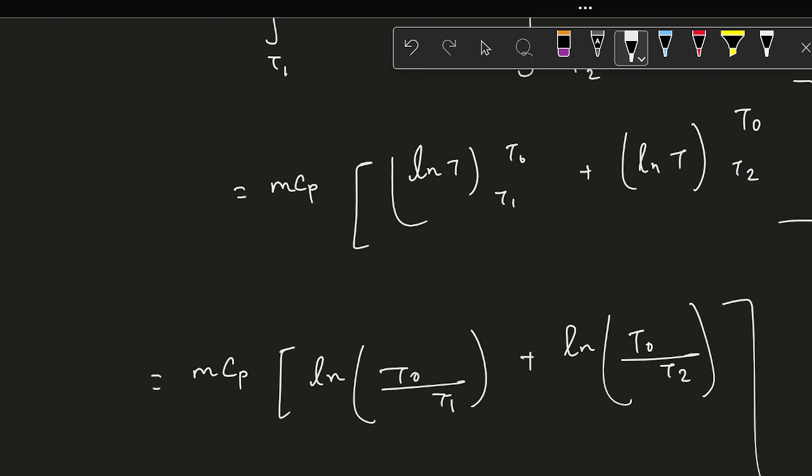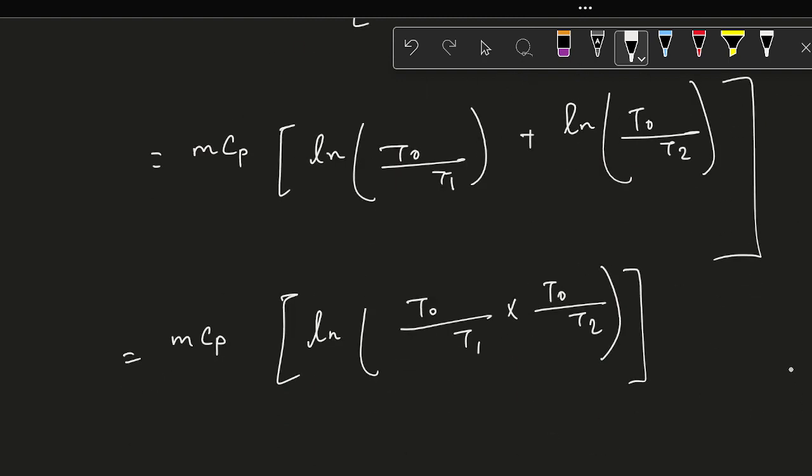We can simplify it even further, because it is ln something plus ln something, so we can take the whole thing as the ln of a product: T0 by T1 times T0 by T2, right? That is the property of ln: ln A plus ln B equals ln of A times B. So this is just mCp ln of T0 squared by T1 T2.